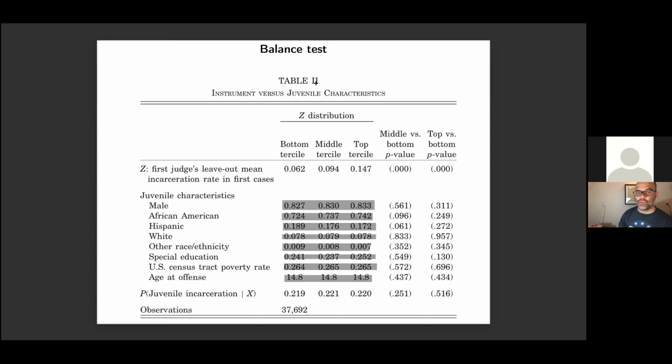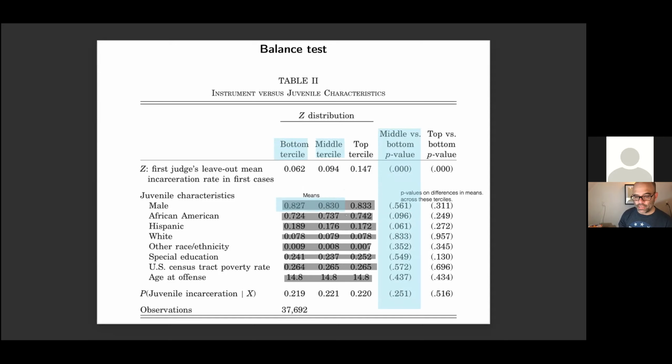All right, so you're going to report the means. And then you're going to do p-values on differences in means across these terciles. All right, so this one right here is the middle versus the bottom, right?